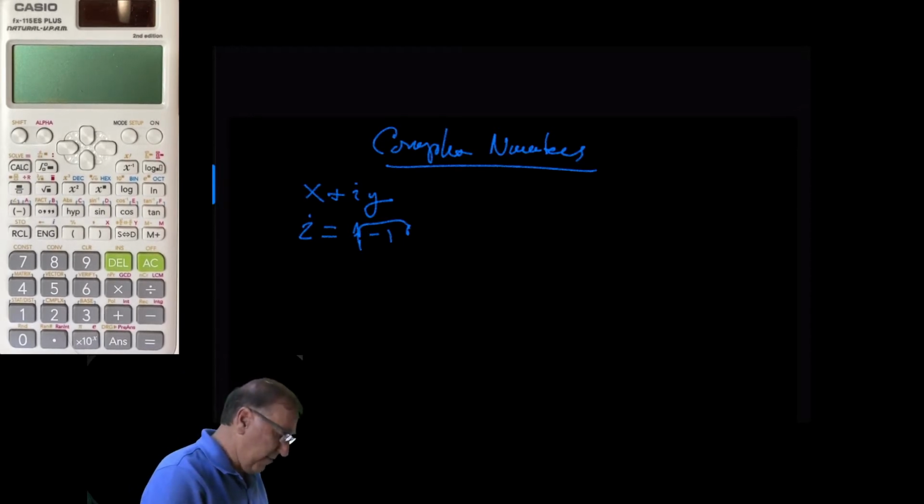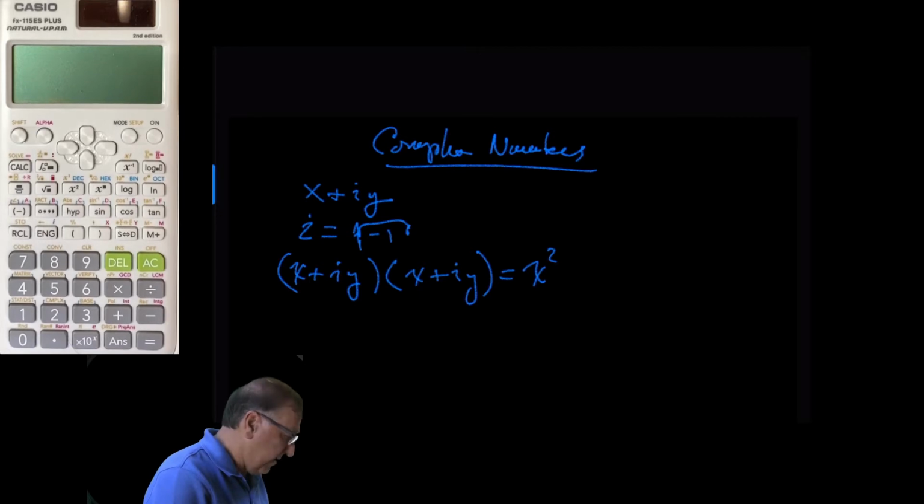So let me give you an example. Say we have x plus iy, and that's multiplied by another x plus iy, which will generate a quadratic equation. You've seen these: x squared, plus i 2xy, plus i squared y squared.